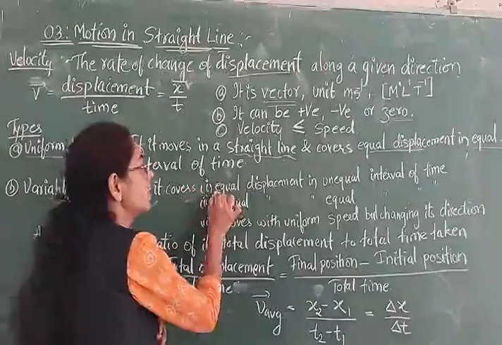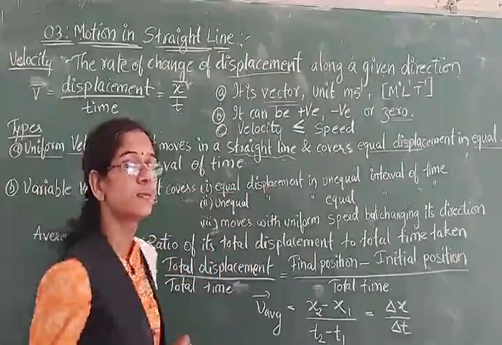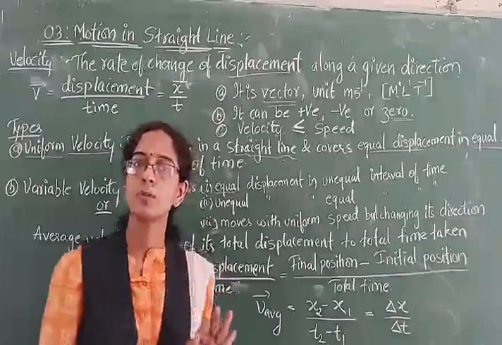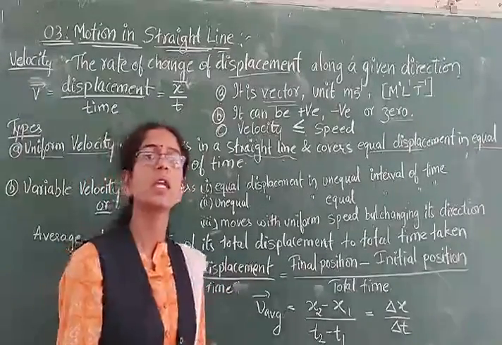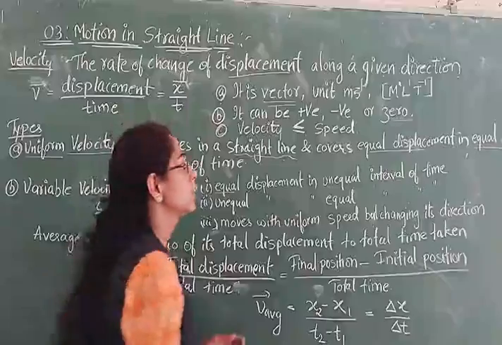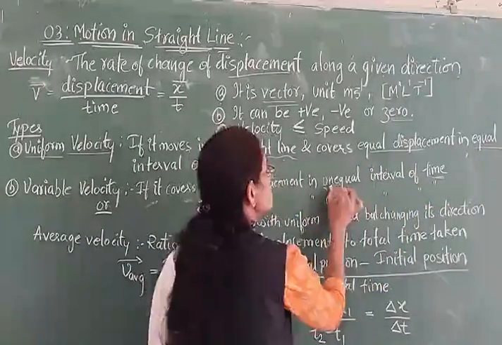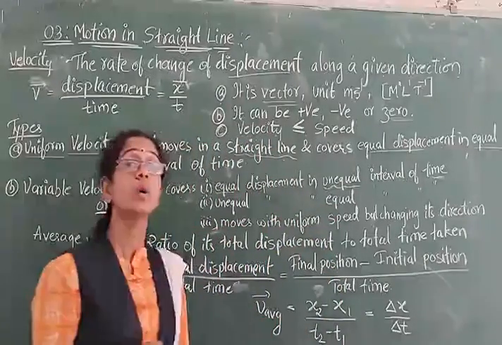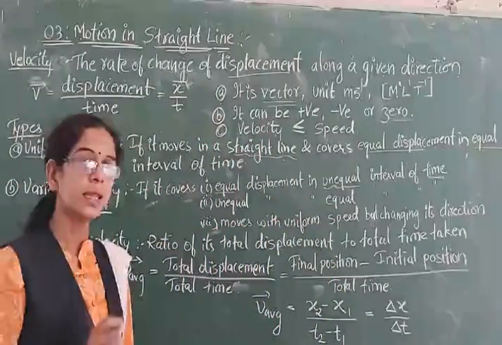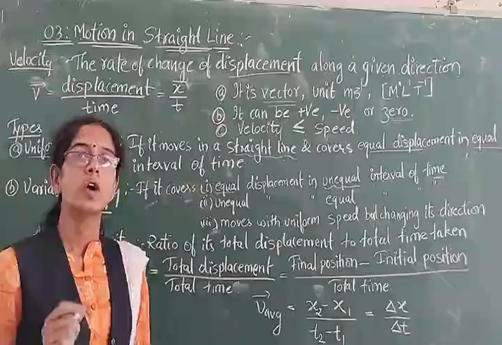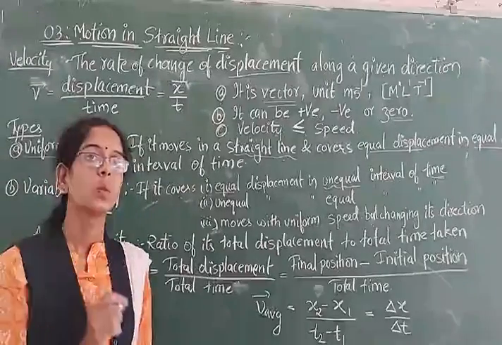First, if it is covering equal displacement, so the displacement of the object is not changing, but the quantity which is varying is time. So the time is not the same, unequal time. In that case, the velocity of the object is said to be variable.